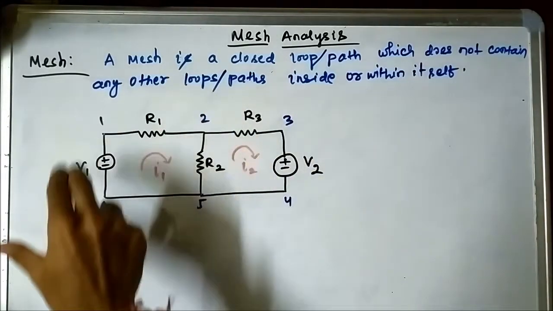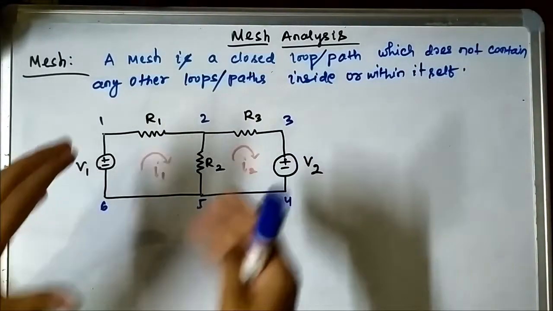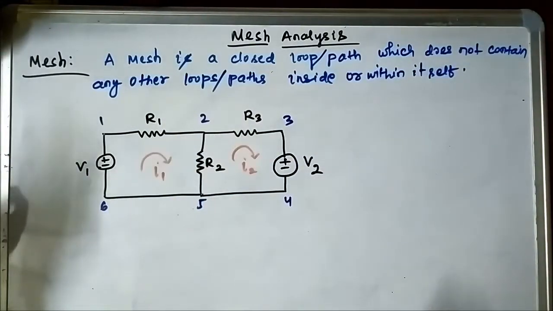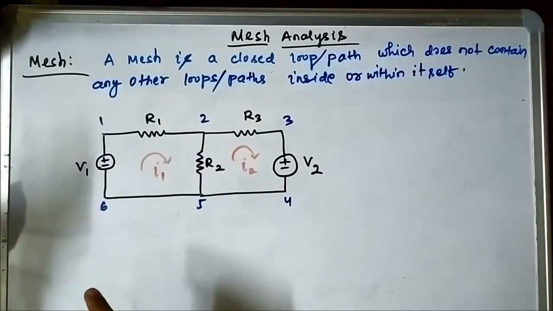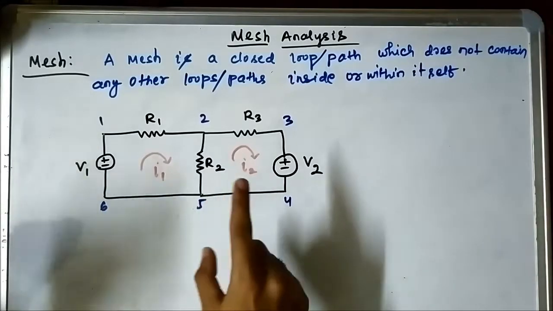So let us see from this circuit diagram which one is a mesh and which one is not. Here we have a circuit diagram consisting of two voltage sources V1, V2 and three resistors R1, R2 and R3. We have named the terminals 1, 2, 3, 4, 5, 6.